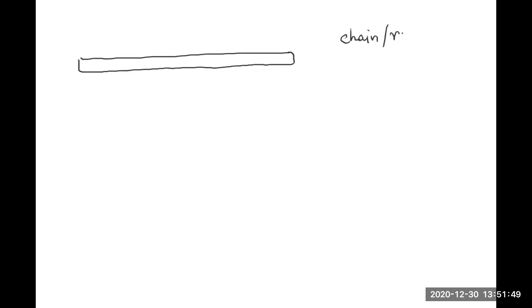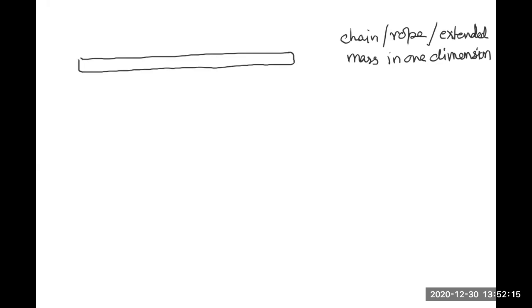So, supposing that I'm dealing with a chain or a rope, or basically an extended mass in one dimension.